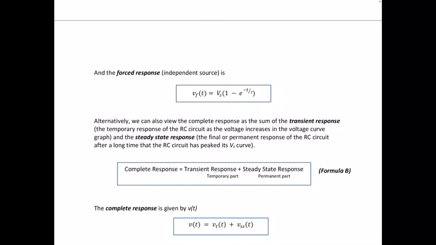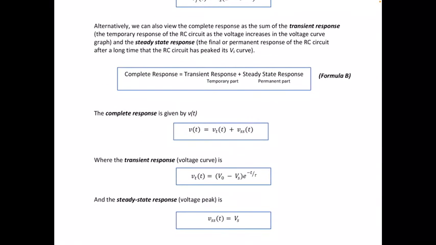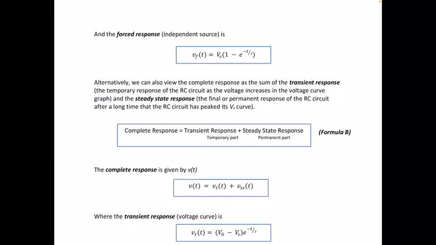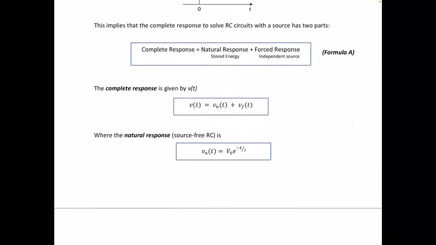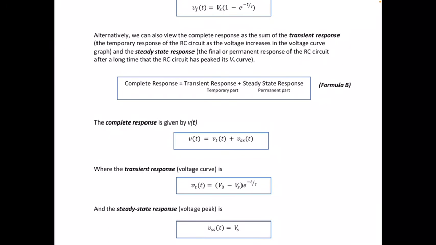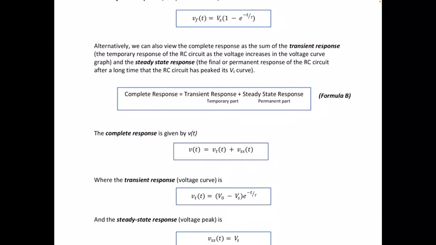The transient response is the temporary response of the RC circuit as the voltage increases in the voltage curve graph over here. And the steady state response is the final or the permanent response of the RC circuit after a long time, when the RC circuit has peaked its Vs curve, the voltage at the steady state part.